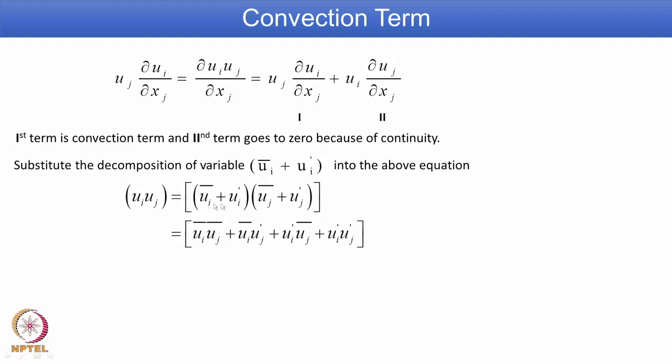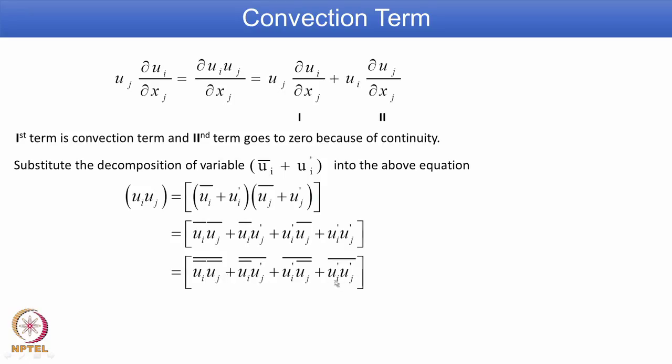Now, you perform the products. So, we have u_i bar u_j bar for the first term, then u_i bar u_j' for the second term, then for the third term u_i' multiplying u_j bar, then u_i' multiplying u_j'. Now, you perform time averaging on this.